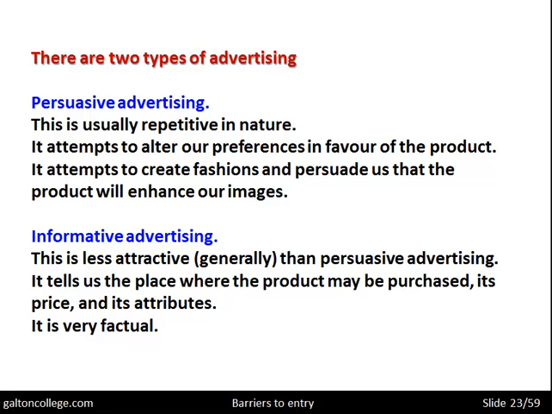We see it, for example, with car advertisements. A car advertisement will probably show some people driving around the city and all smiles and laughing and having a good time. At least that's what it would suggest. And because of that, we want to empathize. We want to go and have a good time as well, so we want to buy that car. At least that appears to be the logic in that type of advertising. Informative advertising related to the same car would tell us about the miles per gallon, or the miles per litre, or the kilometres per litre.